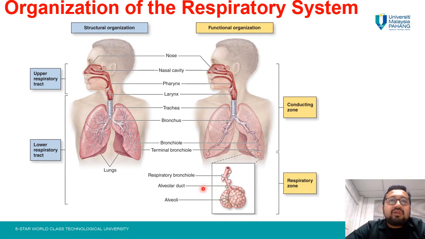We have the respiratory bronchiole in the lungs, and in the alveoli there will be capillaries from the heart. We have the pulmonary artery and pulmonary vein; from the artery they form the pulmonary capillaries, and then the pulmonary vein. There will be exchange of gases here between the lungs component and the heart component. So this is the organization of the respiratory system.